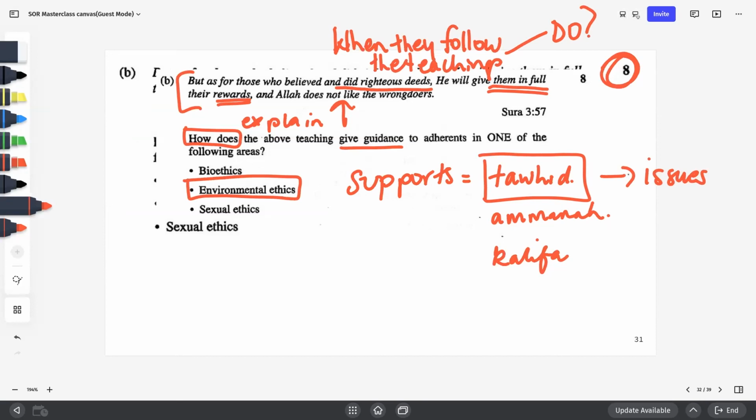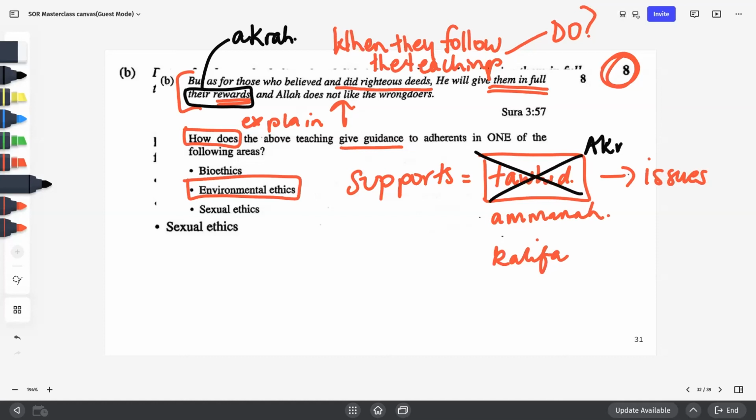Actually, if you're looking at their rewards, and if you've done environmental ethics here, you might want to focus on the teaching of Akhira. Not that we're getting rid of Tawhid, but if you did Akhira here, you've got a nice little structure. You can say that Allah has created the world, and part of that creation is to entrust humanity with a particular job.